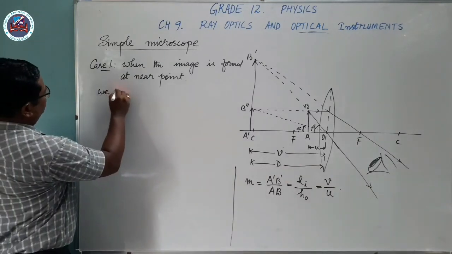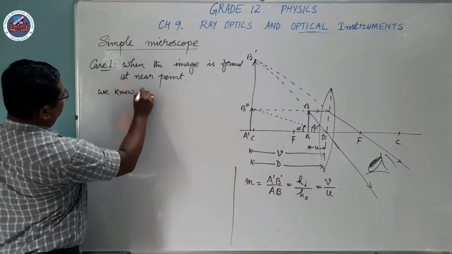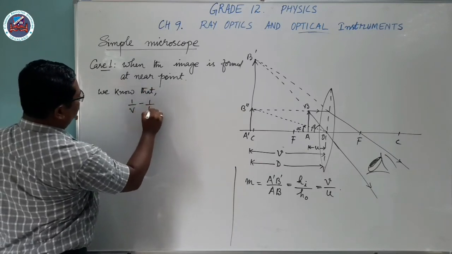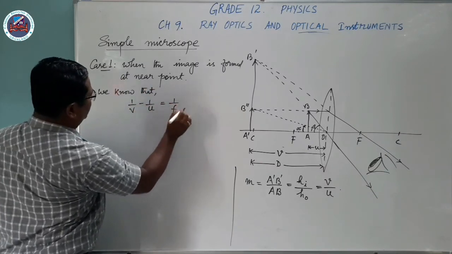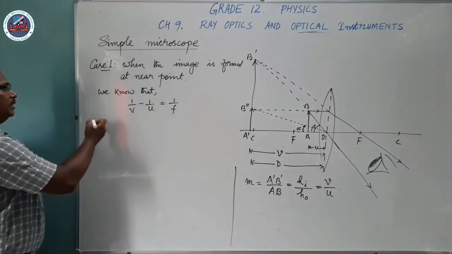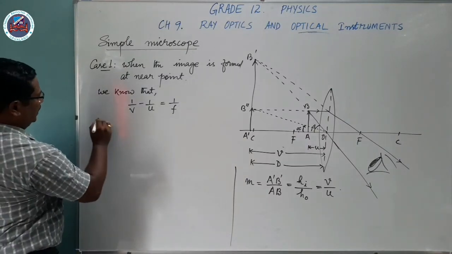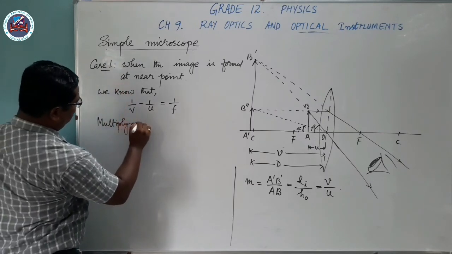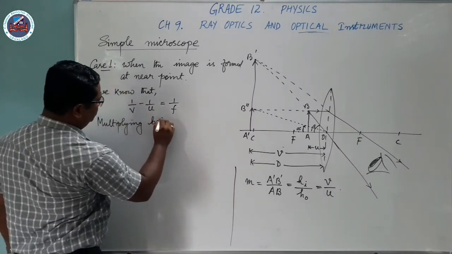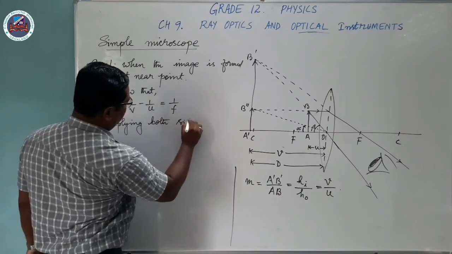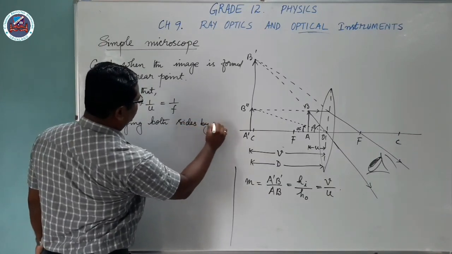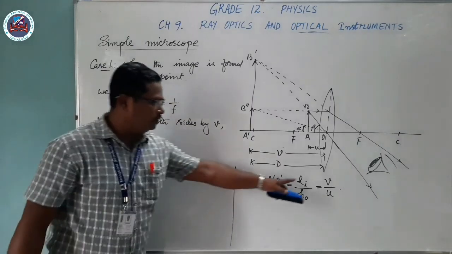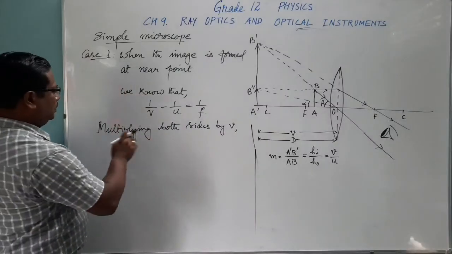We know that 1 by V minus 1 by U is equal to 1 by F. This is our lens formula. From here, multiplying both sides by V, you'll get one term V by U. That will give you your magnification.